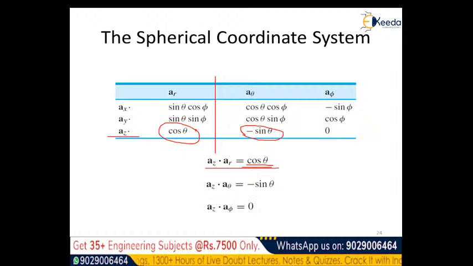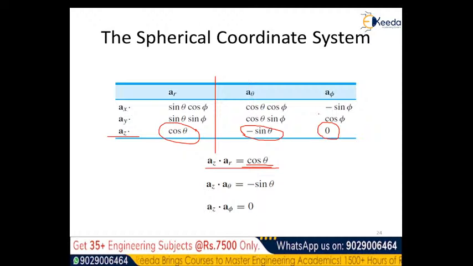And az dot a phi, as az is oriented vertically and a phi lies in the horizontal plane, they make a 90-degree angle, so you get that value equal to 0.